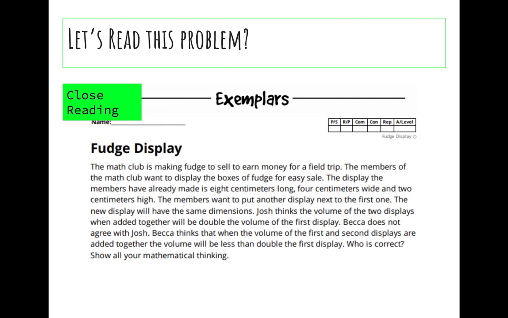The new display will have the same dimensions. Josh thinks the volume of the two displays, when added together, will be double the volume of the first display. Becca does not agree with Josh. Becca thinks that when the volume of the first and the second displays are added together, the volume will be less than double of the first display. Who is correct? Show all your mathematical thinking.